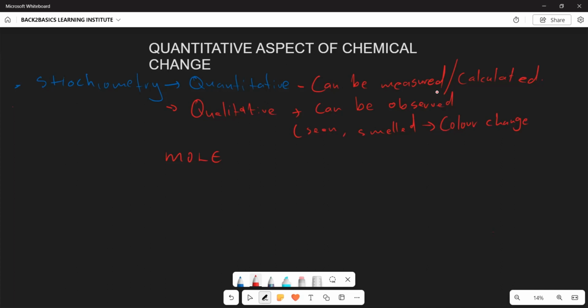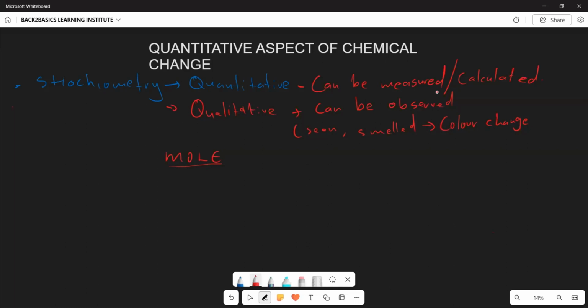Because there are so many particles and grains of sugar, the scientists developed what we call a mole.